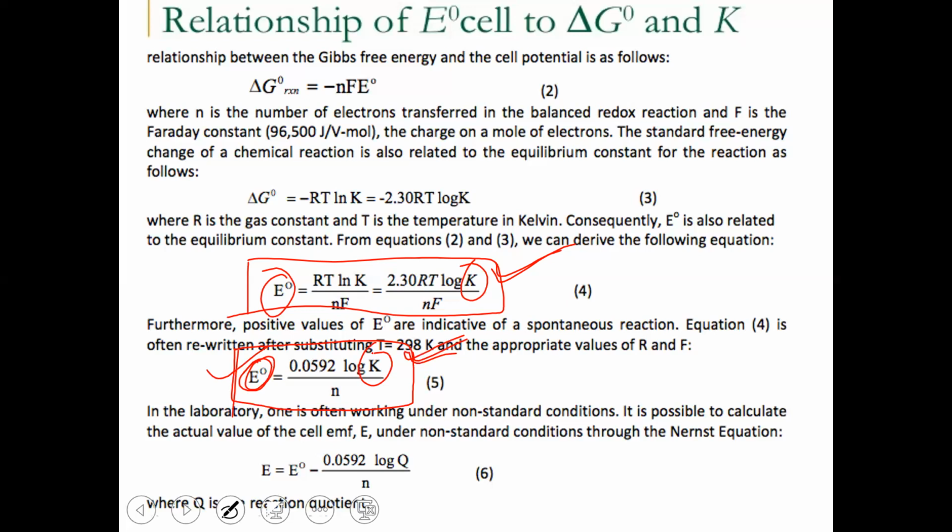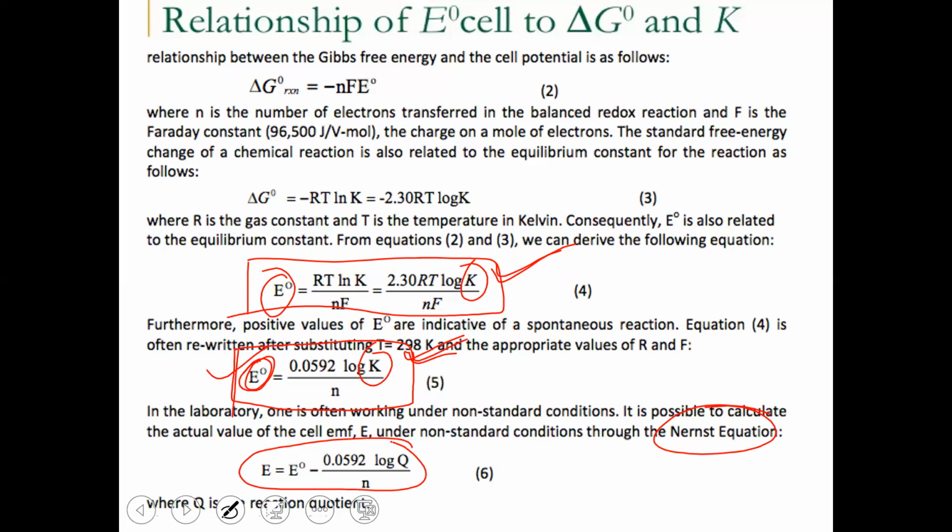But under non-standard conditions here in the laboratory, it is possible to calculate the actual value of the cell EMF, that is E. Then how can we write an equation under non-standard conditions? Here it is the Nernst equation.